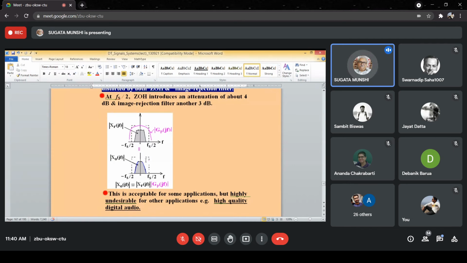But in other applications, as for example high quality digital audio, this is not allowed. So some remedial measures have to be brought in. What extra thing can we add here? We are trying to eliminate the distortion of the baseband spectrum produced by the zero order hold.